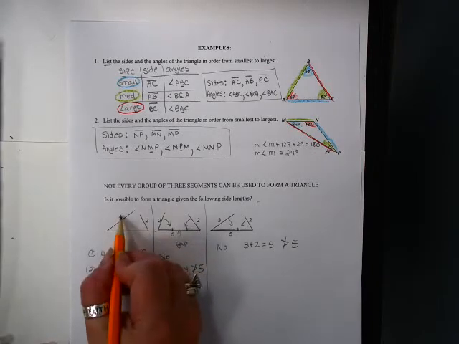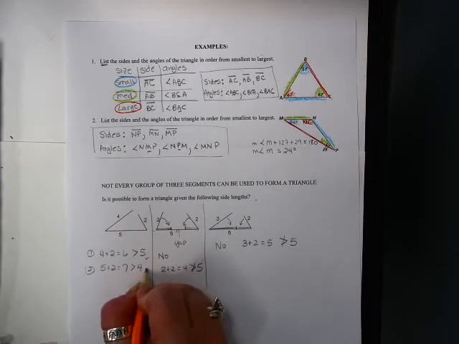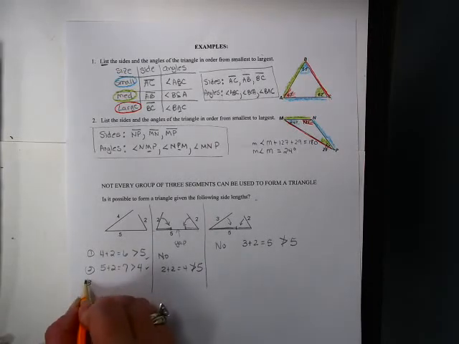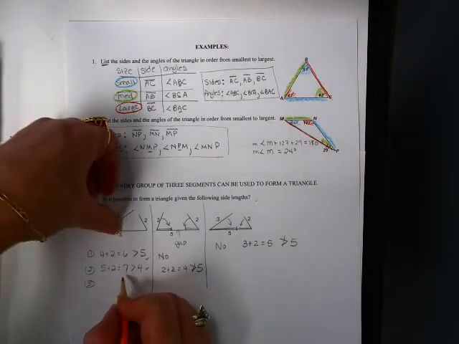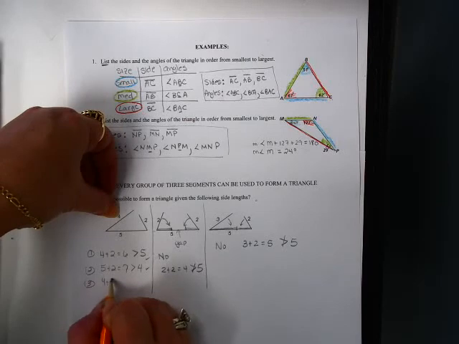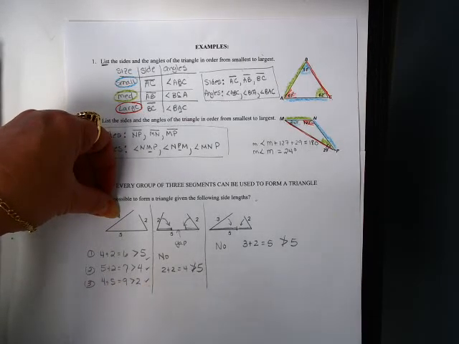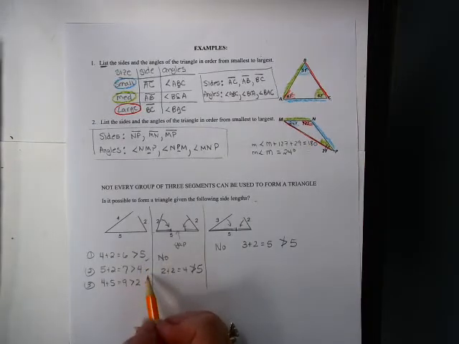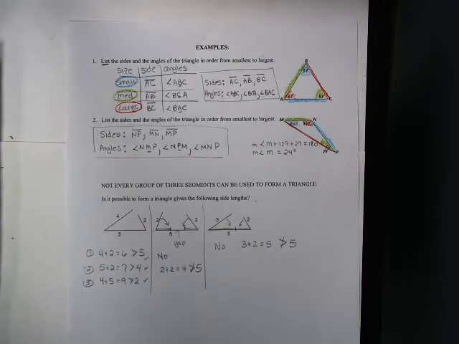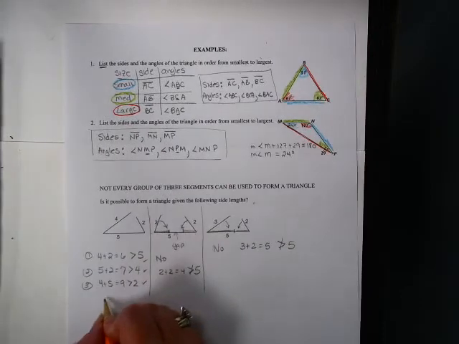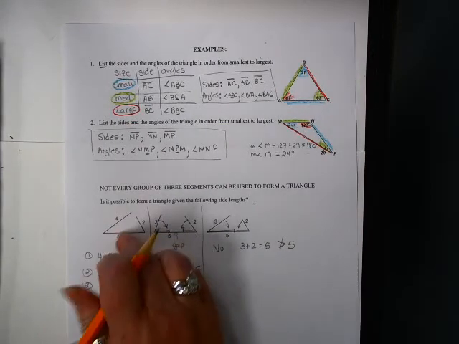Is 7 greater than that third side? Yes. And then check the next group. Here we've got 4 plus 5. We know that's equal to 9. Is that greater than 2? Yes. So since all three situations are yes, then we know that yes, this will make a triangle.